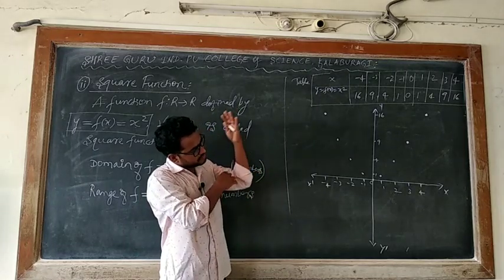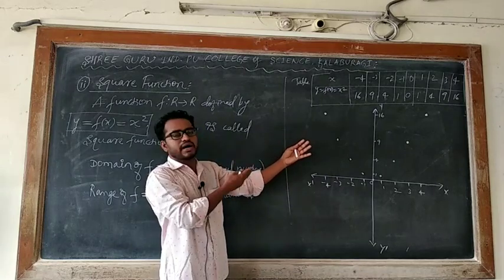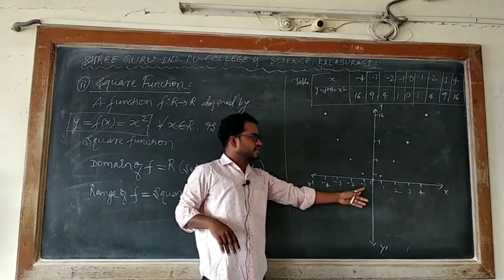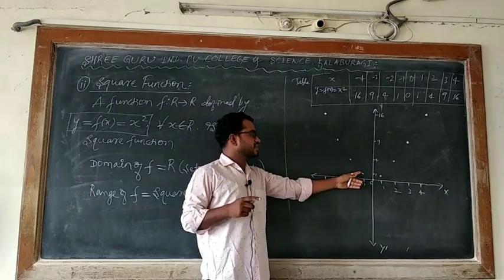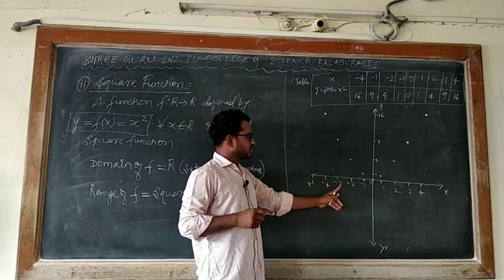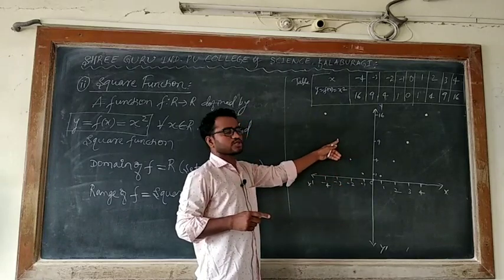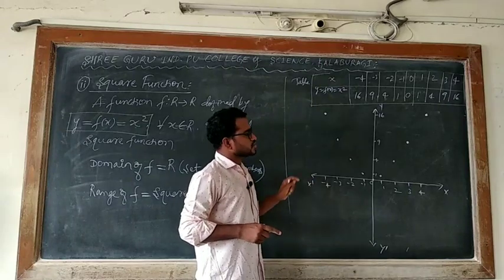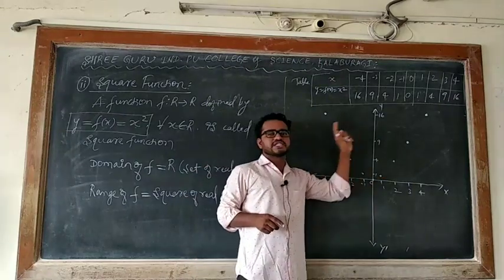Then 3 becomes 9, because 3 square is 9, 4 square 16. Minus 1 square is 1, so I am taking y above only. Minus 2 square, minus 3 square is again 9, minus 4 square 16. So join these points by a curve.